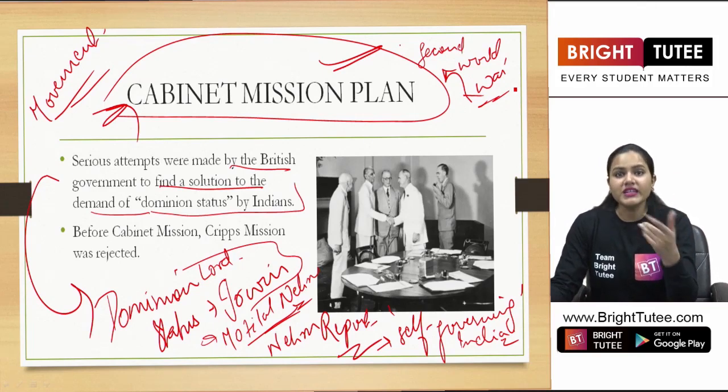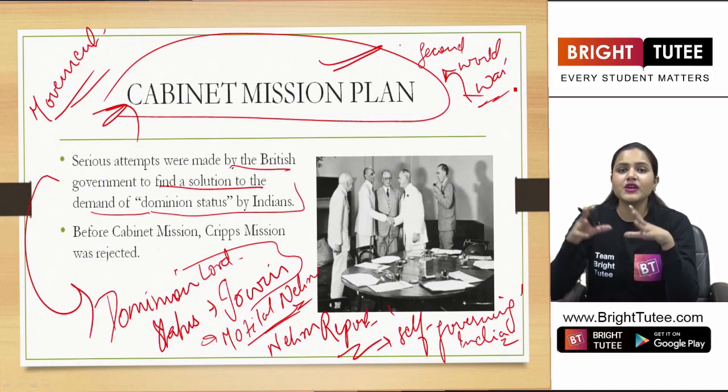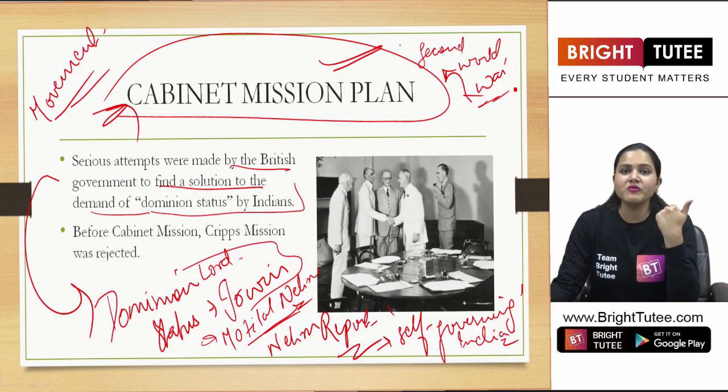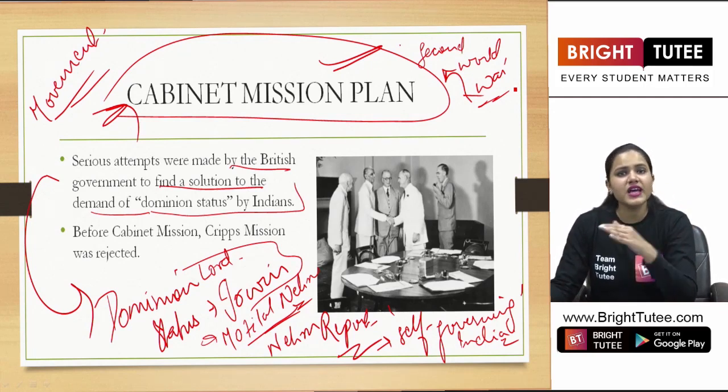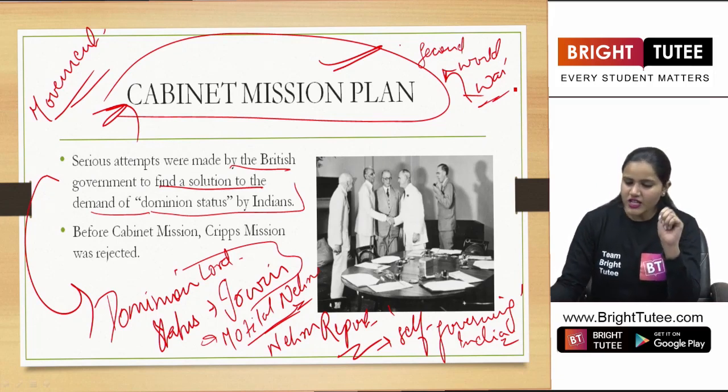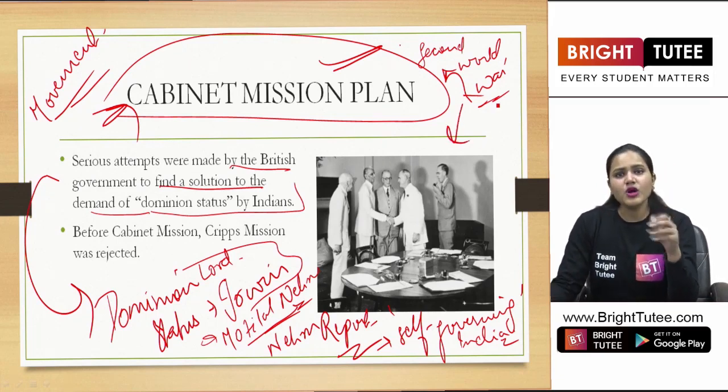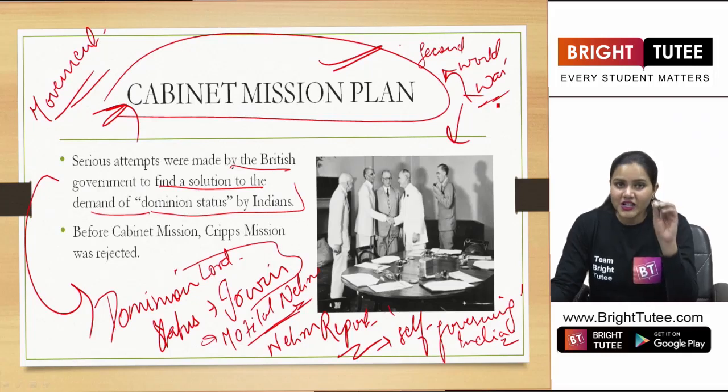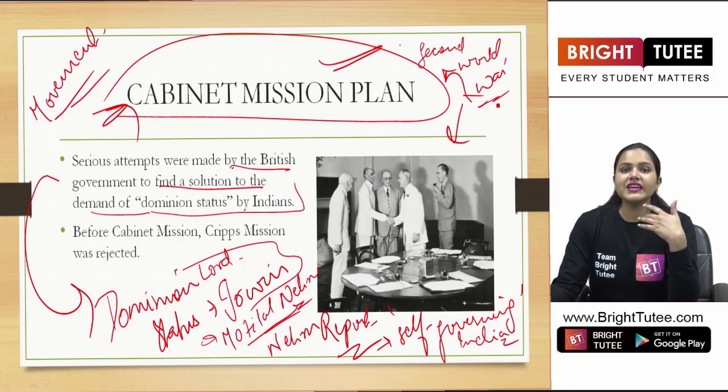Now Britain was in a critical condition. Why? Because of the defense expenditure, of all the expenditures that was happening in the war, of buying planes or arms, ammunitions, and so on, correct? So the situation for Britain was quite bad, and here also they were facing the criticism from the Indian people.